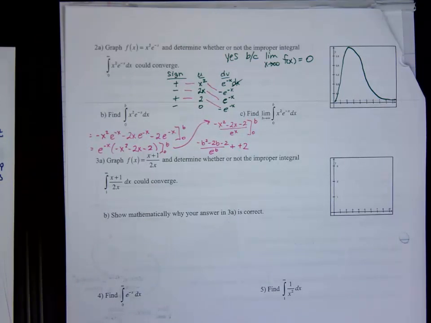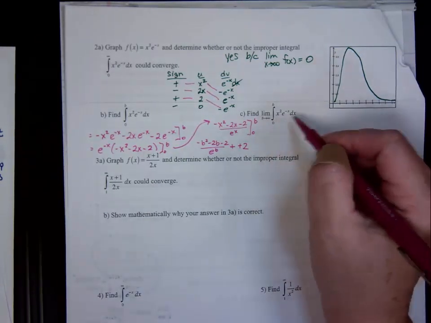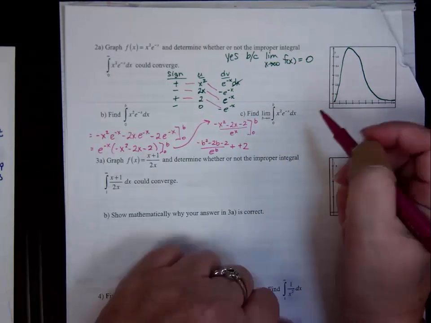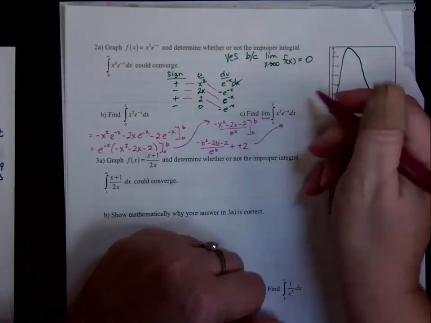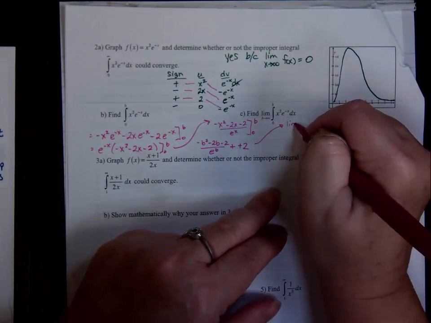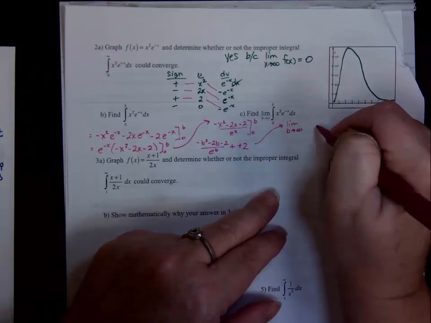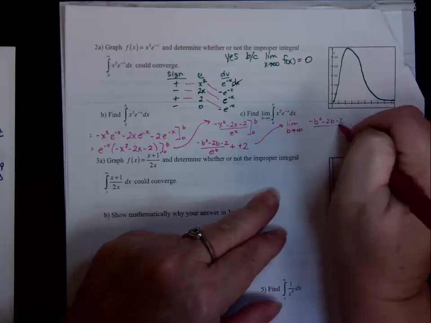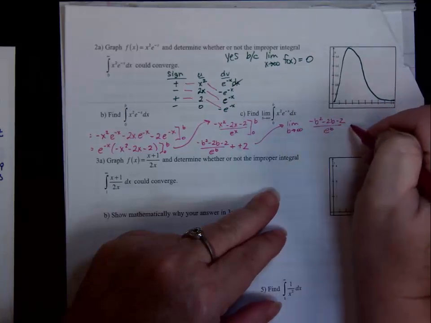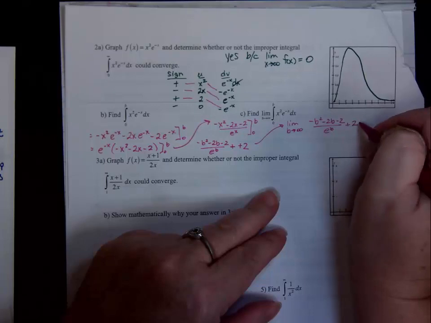Now they want you to take the limit as b approaches infinity of what we just found. So we're going to come over here and do the limit as b approaches infinity of negative b squared minus 2b minus 2 over e to the b plus 2.